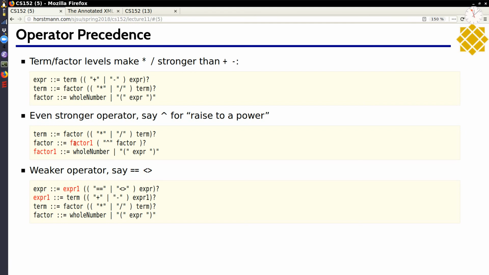What about a weaker operation? Let's say equal, equal, and not equal. This is a Pascal style, not equal here. Then I would just put them on the top instead of on the bottom. So I would put them above the plus and minus. So now I have to say an expression is an x per 1 separated with these new operators from an expression.